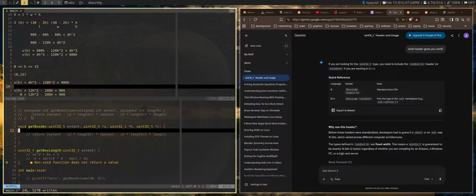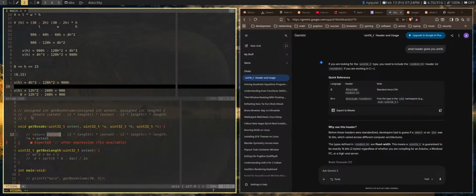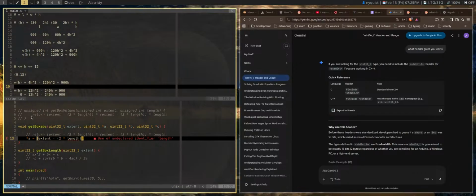So we can do A equals extent. And we can keep this kind of, because it's not really the answer we're looking for.